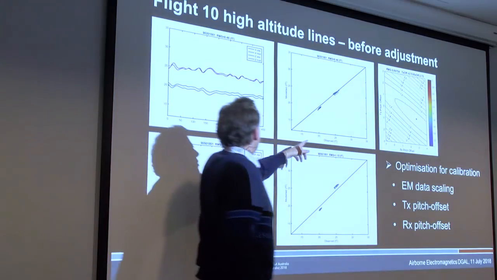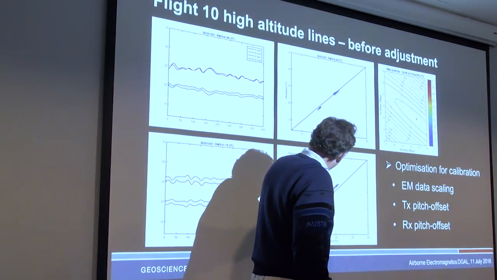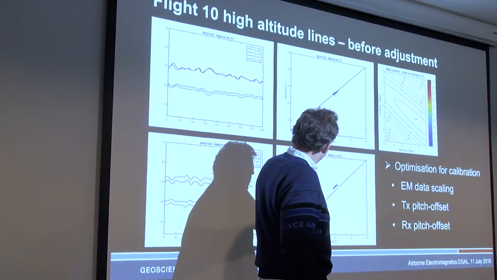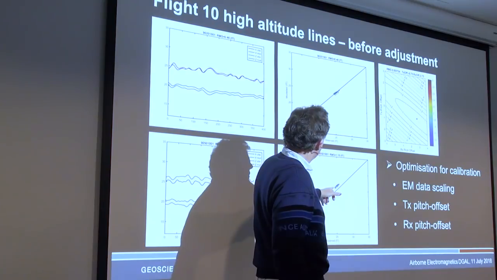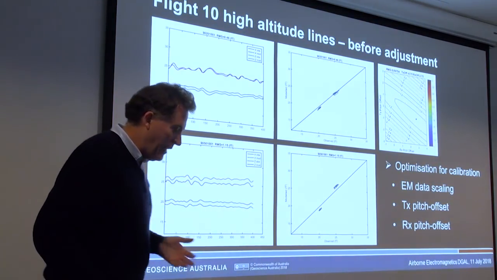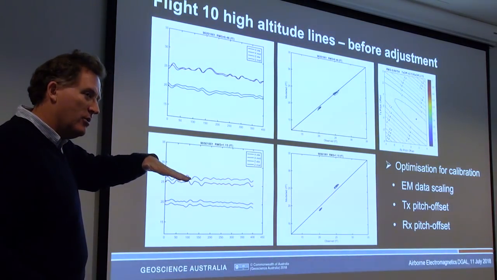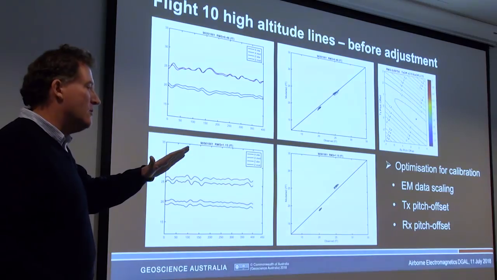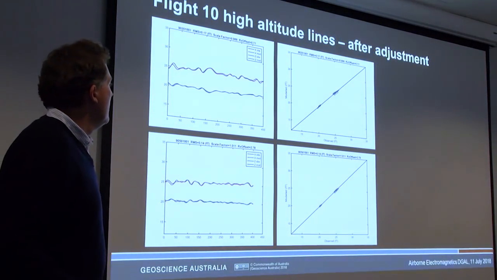And if we do it as a cross plot, you can see, for example, that these dots here are a little bit below the line where they should be, and these ones are a little bit above. Now that indicated to us, with a lot of analysis, that there was some pitch in that receiver bird or the transmitter loop that was not being accounted for in the processing.